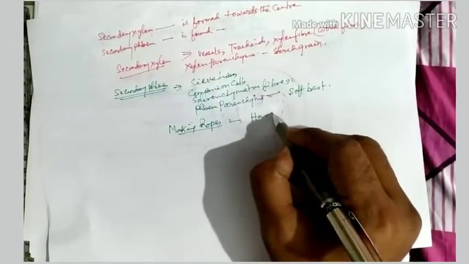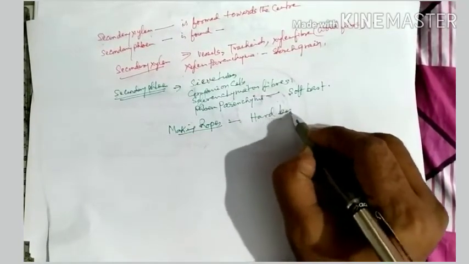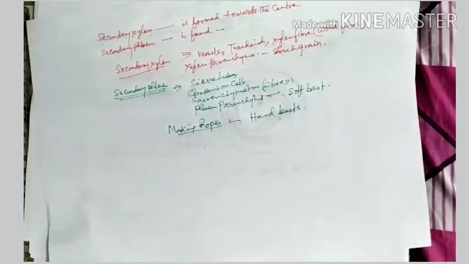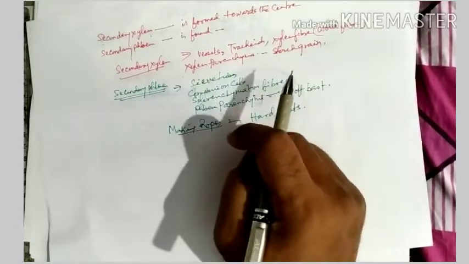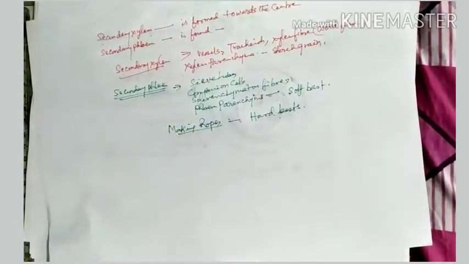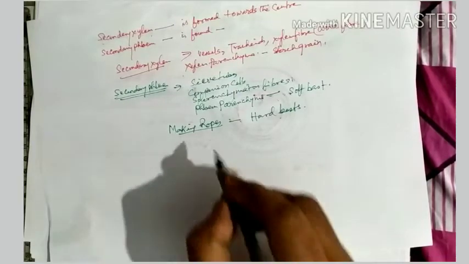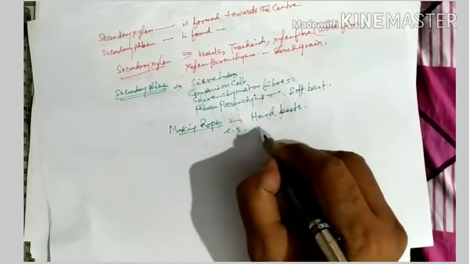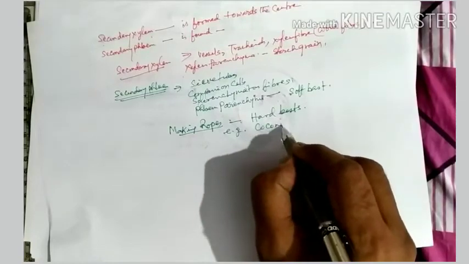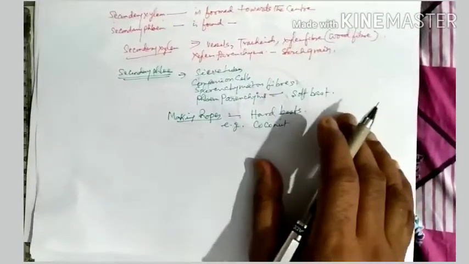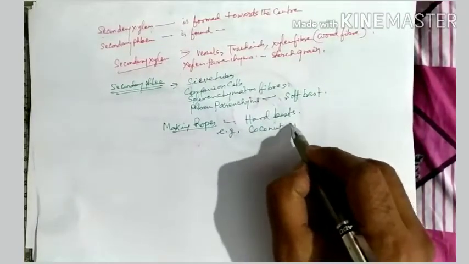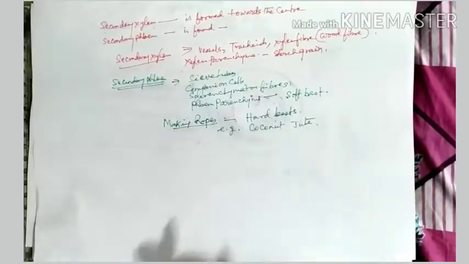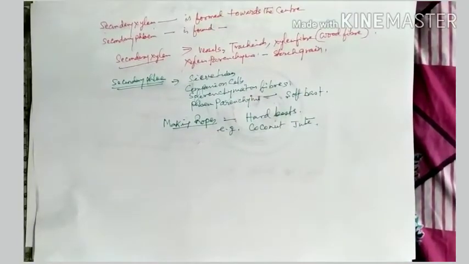Hard bast forms the fiber which is used for making ropes. Examples are coconut and jute. These are the plants.